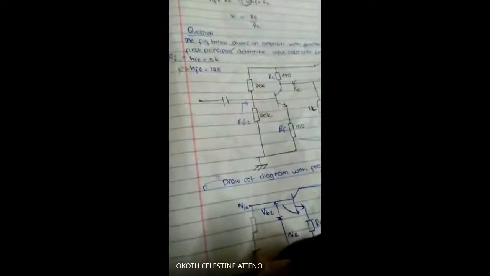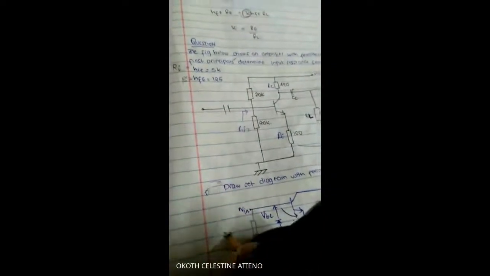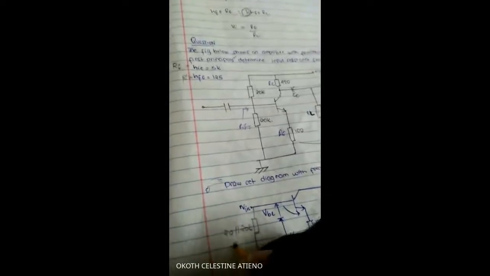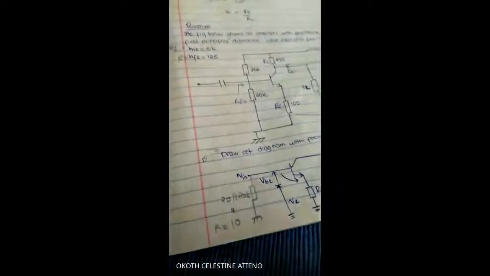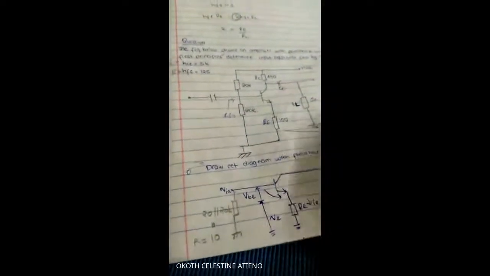If I take this to ground, I'll have this in parallel with this. So I'll have 20 in parallel with 20 kilo ohms. So this R is 10 because it's 400 divided by 40.